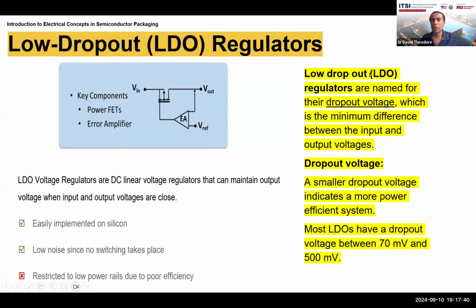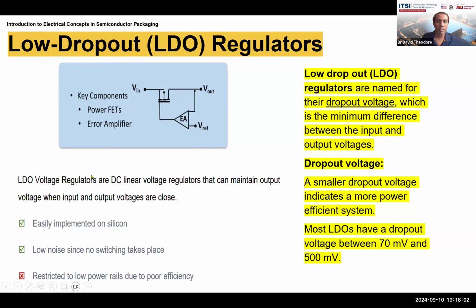A low dropout regulator is named for the dropout voltage, which is the minimum difference between the input and the output voltage. In other words, these regulators are intended to keep the output voltage very close to the input voltage, even if there is a sudden draw.